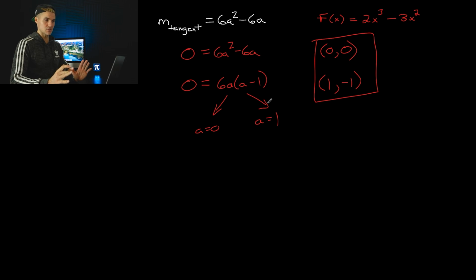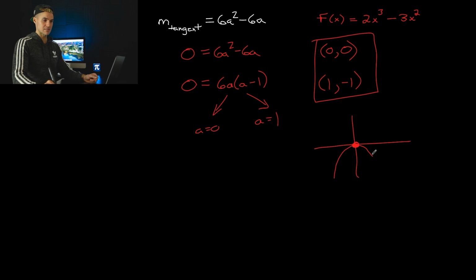And where a tangent line is horizontal is usually at a local max or a min on the function. Could also be a saddle point, but for this particular function, I think they would be max and min. So if you actually graph this, the way this graph would look is that it would bounce off at 0 and 0. So the 0 and 0 would be a max, and then there would be a min over here at 1 and -1.